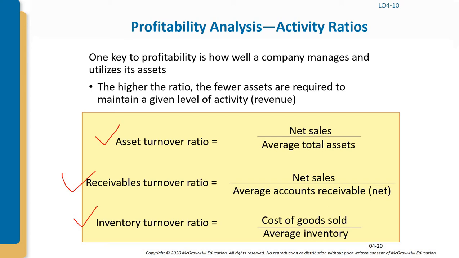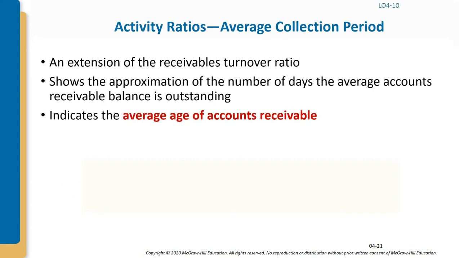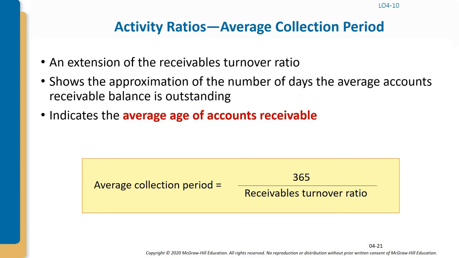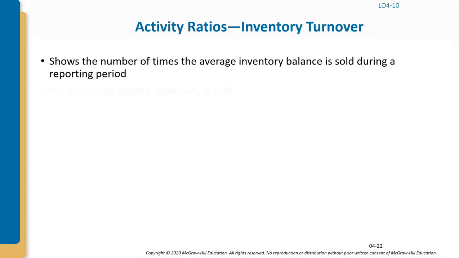So net sales and total average assets. So in comparison to your total average asset, what is the sales? And in comparison to your average accounts receivable, what is the sales? So we need to know about that. The average collection period, how quickly you can collect the accounts receivable, okay.